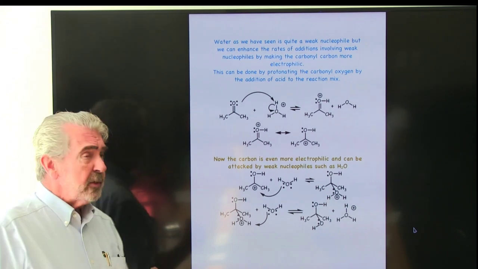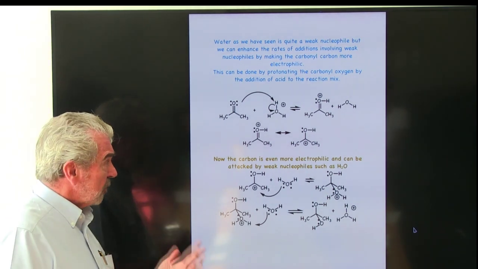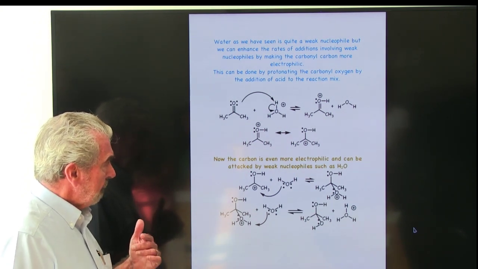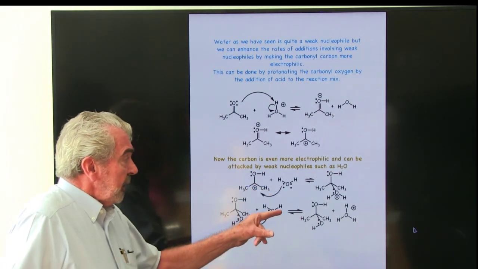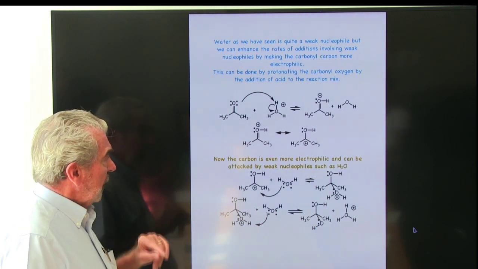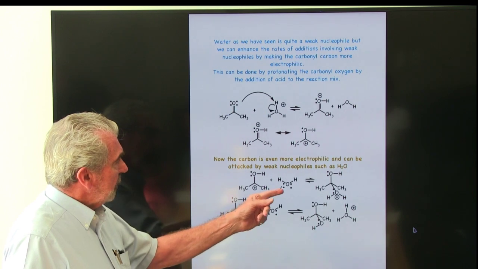The Grignard for all practical purposes goes to completion because it's such a strong nucleophile. Same thing is largely true with the cyanide. But with something like this, where we're using water as a nucleophile, it's always going to reach some sort of an equilibrium value.